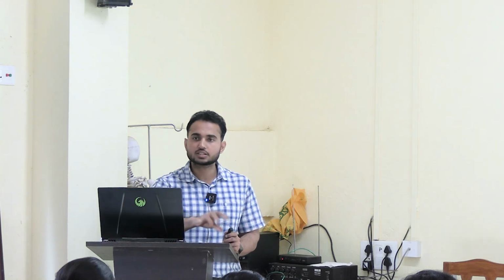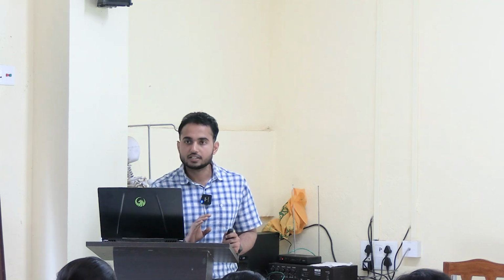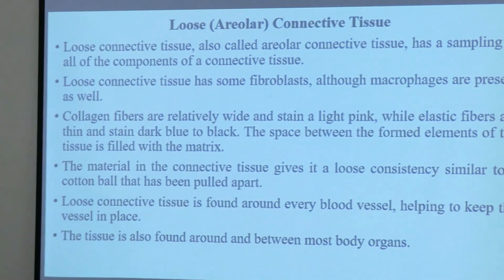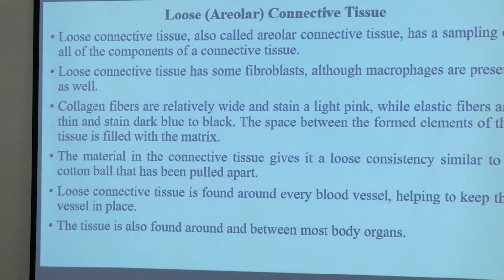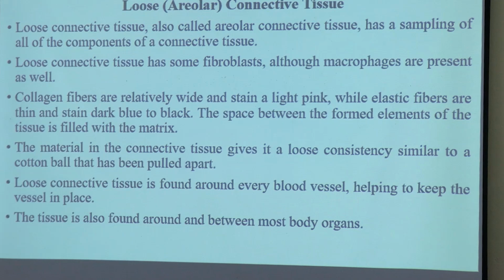Because that particular object should not get any damage. Similarly, loose areolar connective tissue is present around the blood vessels mainly, helping to keep the vessels in place. They are also found around and between most of the body organs. That is nothing but the cushioning effect provided by the loose areolar connective tissue.